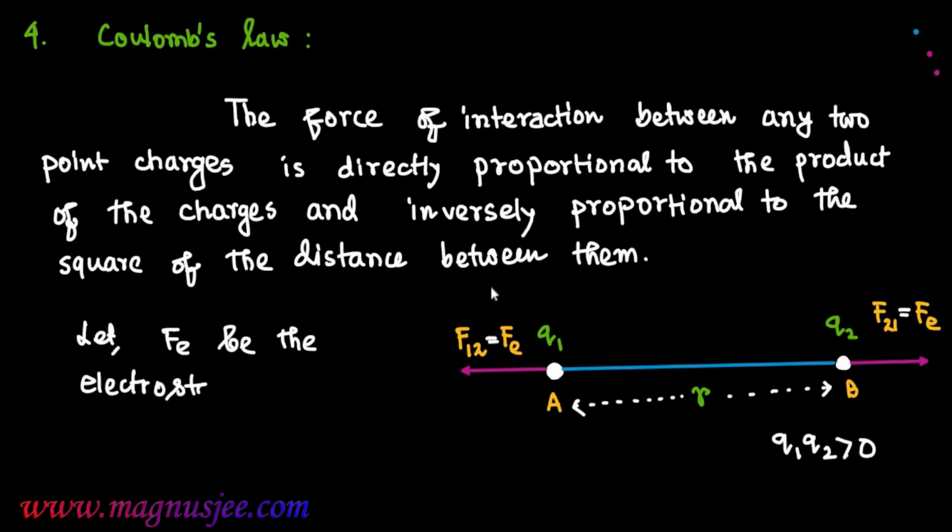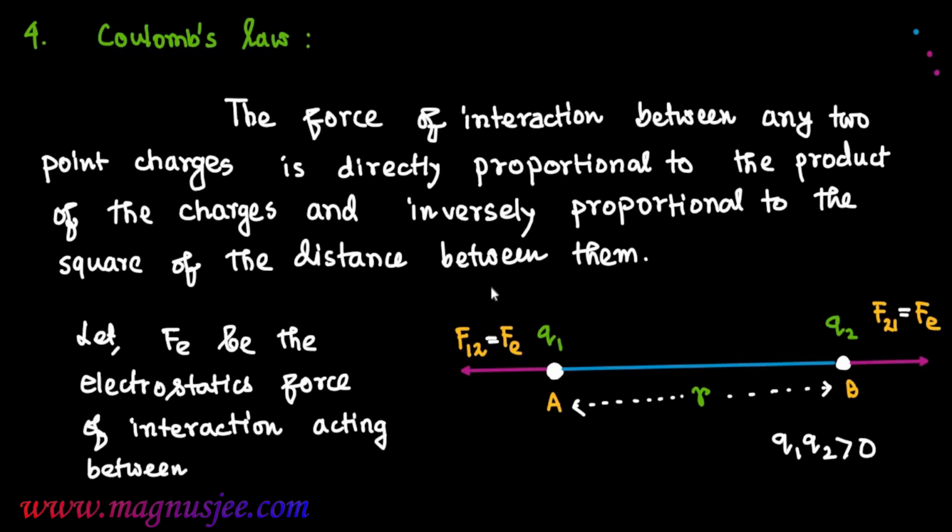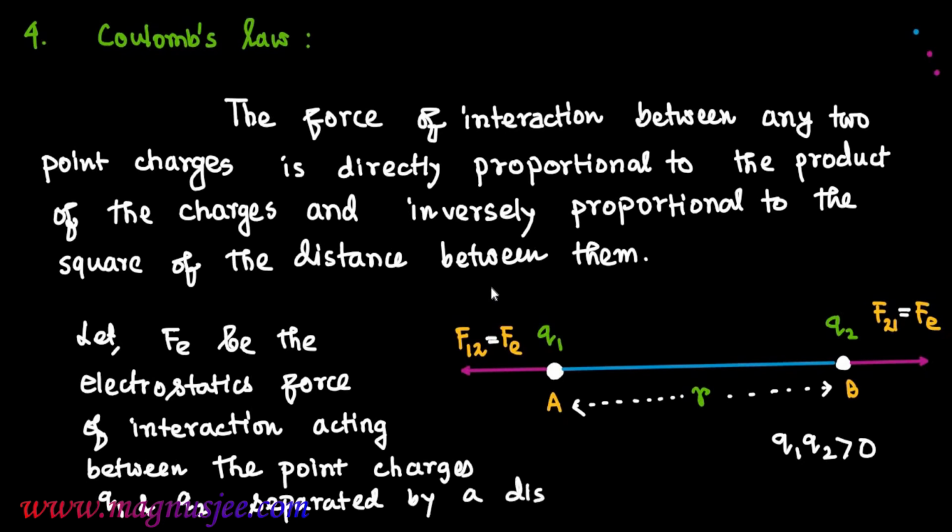Let Fe be the electrostatic force of interaction acting between the two point charges Q1 and Q2 separated by a distance R.